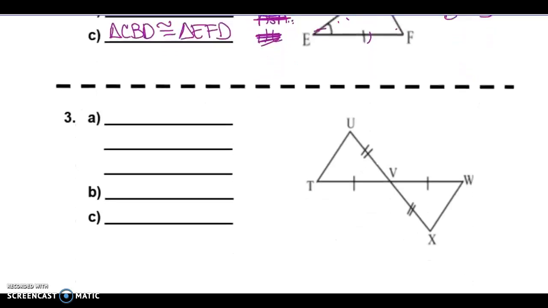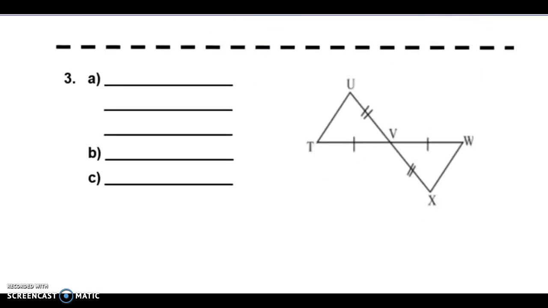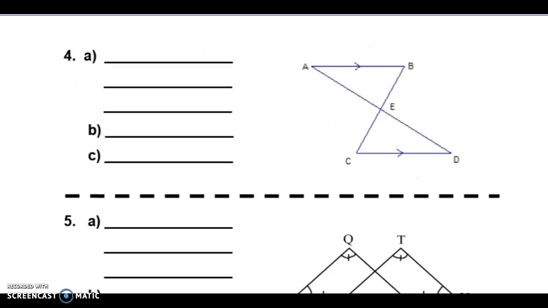All right. I want you guys to try 3 and 4 on your own, because these are similar to something that you had in your notes before. I think it would be 6-6, maybe check your 6-5 or 6-6 notes. I think it's 6-6. So you do 3 and 4 on your own.